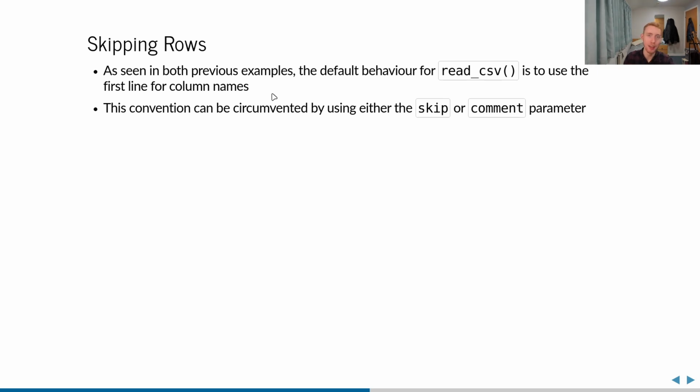We don't want to read those in as part of the data. And so there are 2 ways we can avoid reading certain lines, and that is using the skip and comment parameters. These are just extra inputs that we put into any readr function, such as read_csv, to control its behavior in a more fine-tuned way.